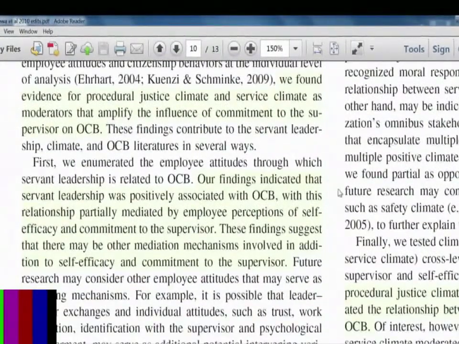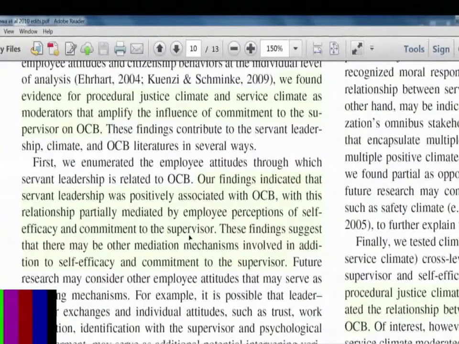Our findings indicated that servant leadership was positively associated with OCB. So as servant leader, the greater the servant leader, the greater the type of citizenship behaviors that the people were doing. With this relationship partially mediated by employee perceptions of self-efficacy and commitment to the supervisor.